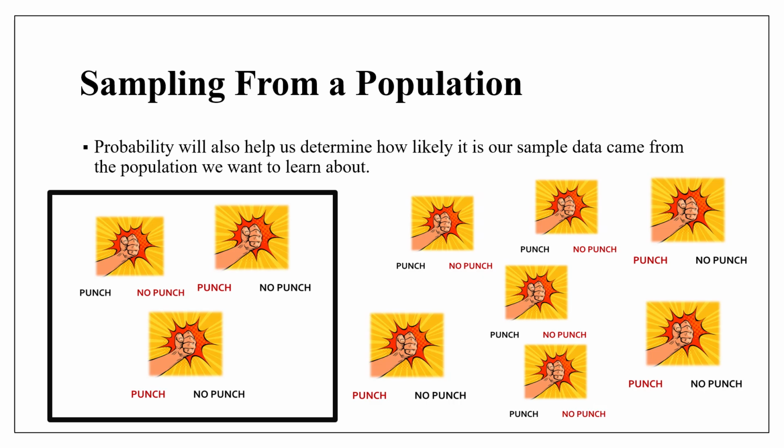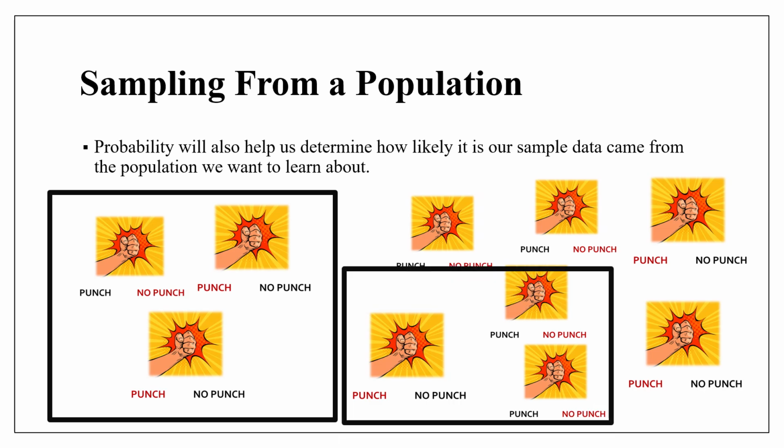Maybe we're asking them, would you punch someone after they have insulted you? Or, 66.67% of people would punch. This is a high probability of punching another person after being insulted.